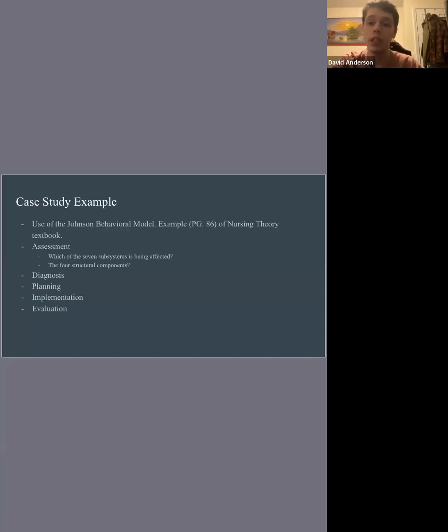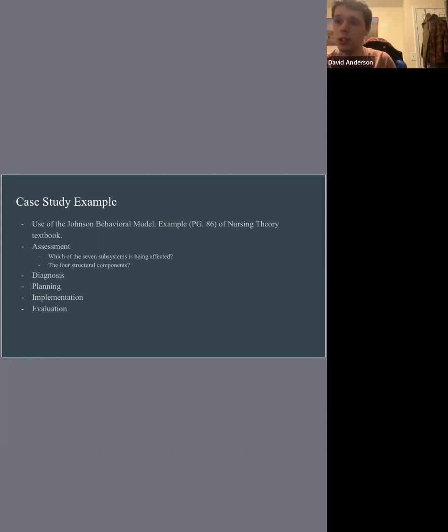So for a case study example, using Johnson's behavioral model in our book on page 86 of the nursing theory textbook, we're doing an assessment on a diabetic male, or it might be female, I apologize.